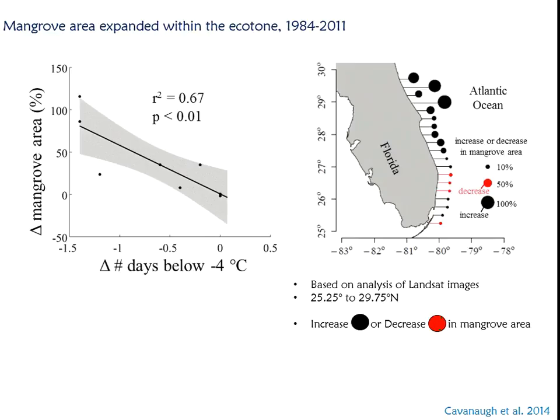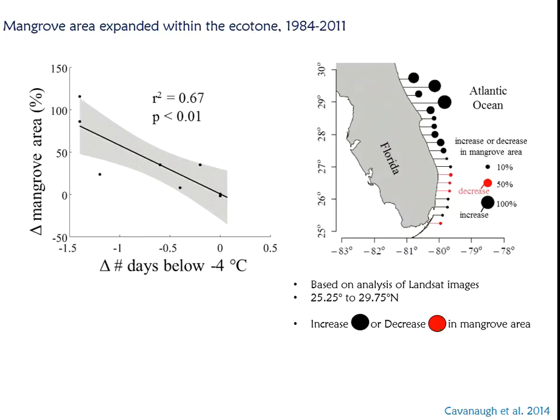And what he found was that there's this huge increase as you go from South Florida to north. You can see there's more than 100% increase in mangrove cover in this part of the state between 1984 and 2011.